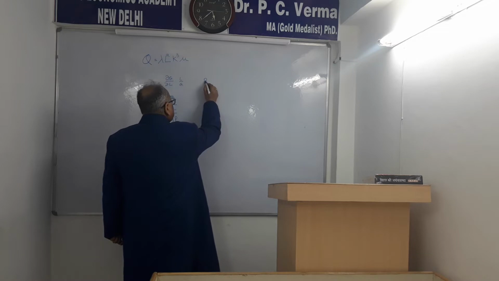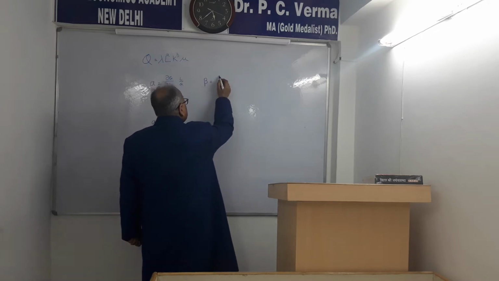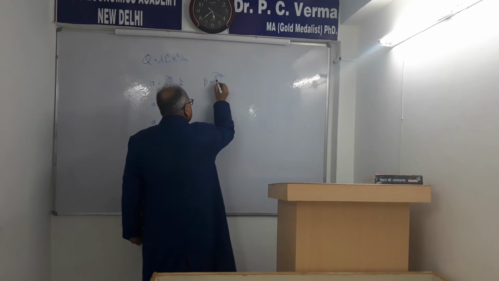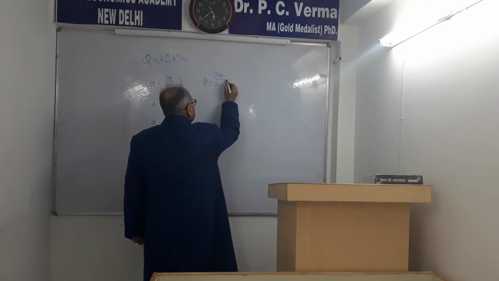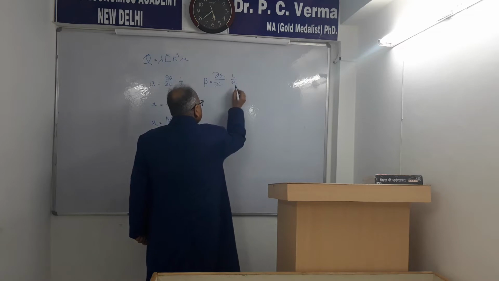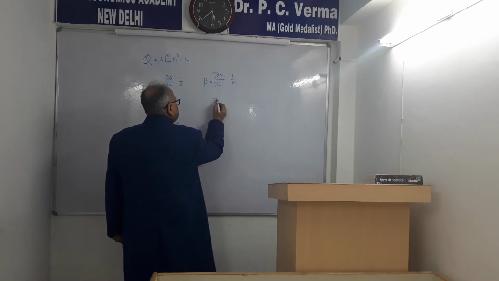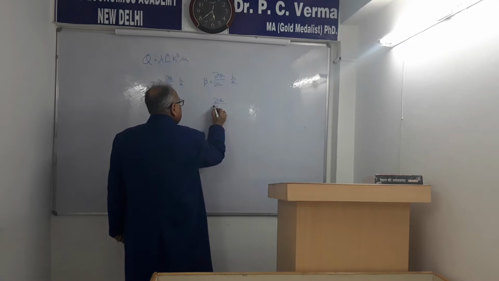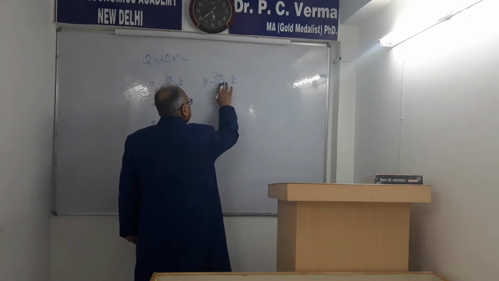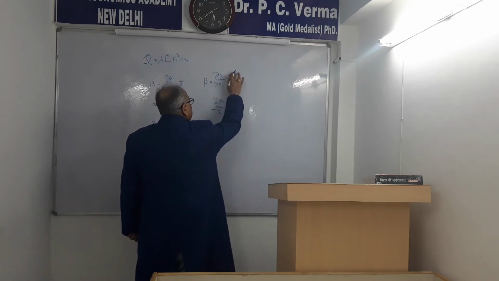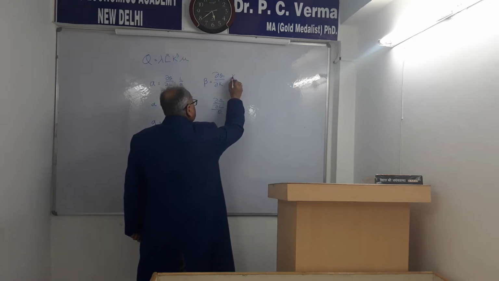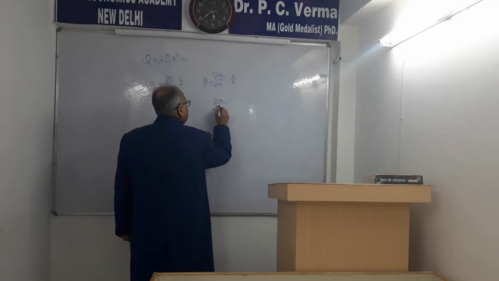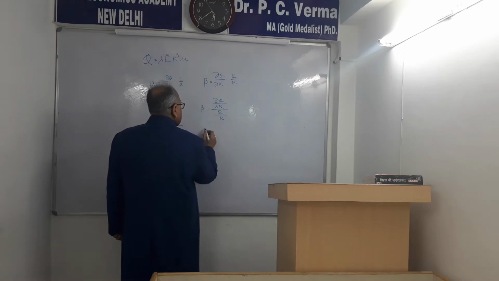Now we take beta. Beta is elasticity of capital. Del Q by del K, K by Q. Again you convert it into economics. Then it will be del Q by del K, Q by K. This is called beta.